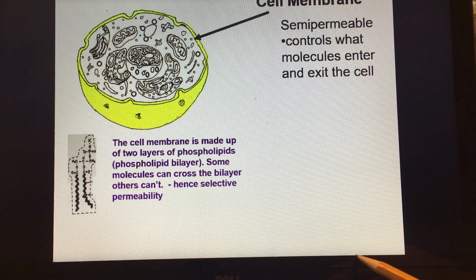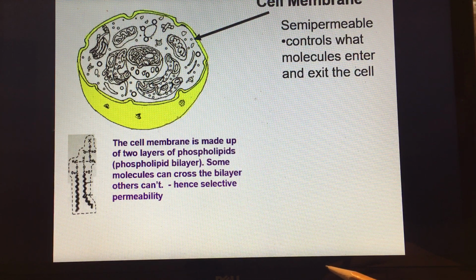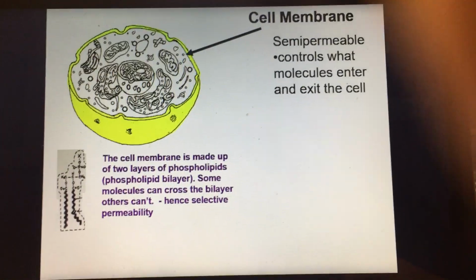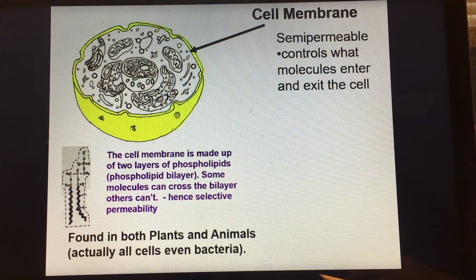It means the same thing, and it controls what molecules will enter and exit the cell. Later in the unit, we will be talking about cell transport, and we'll talk about how different things can get in or out of a cell. The cell membrane is made up of two layers of phospholipids, a phospholipid bilayer, and some molecules can go across that lipid bilayer and others can't.